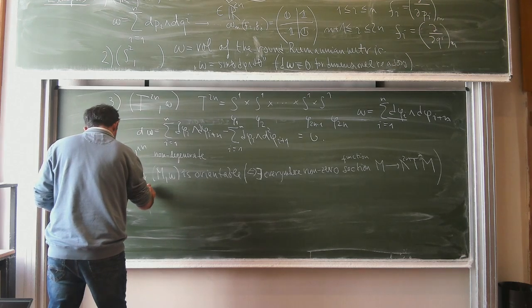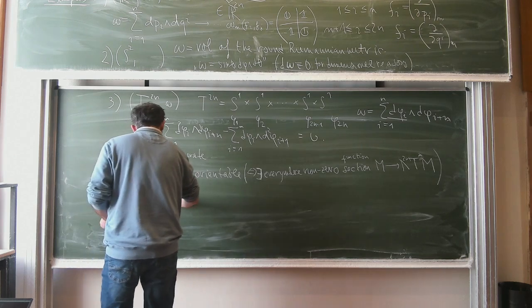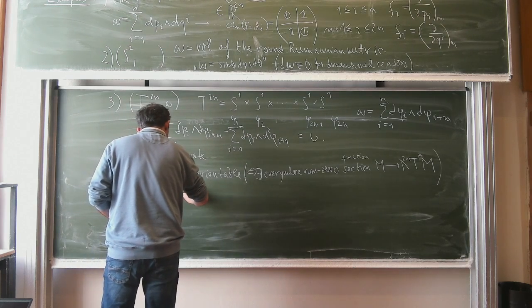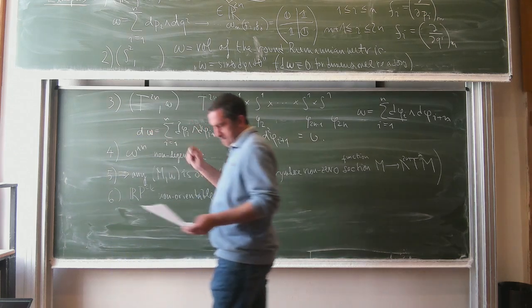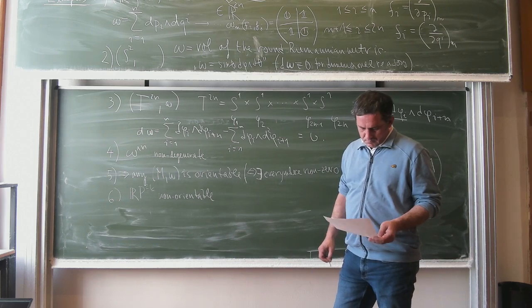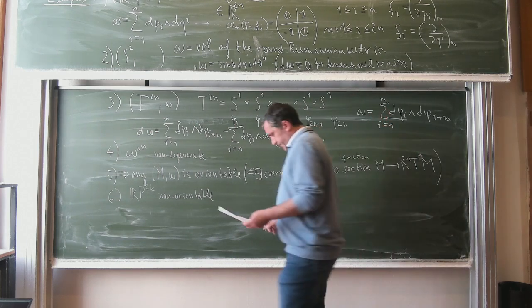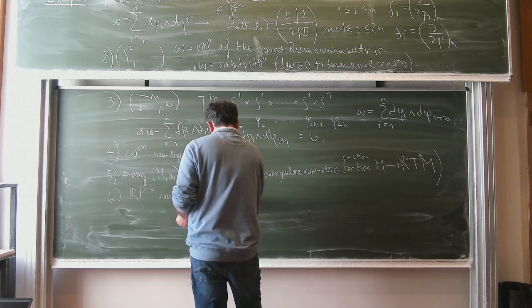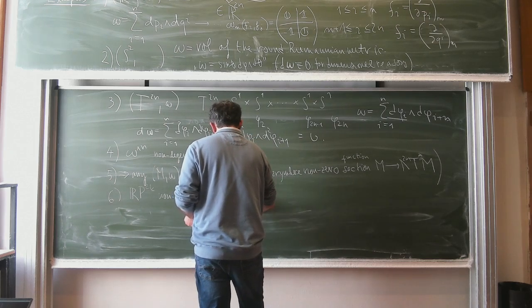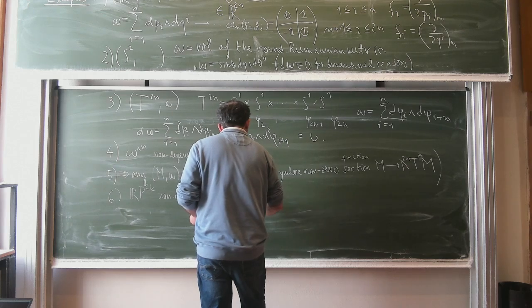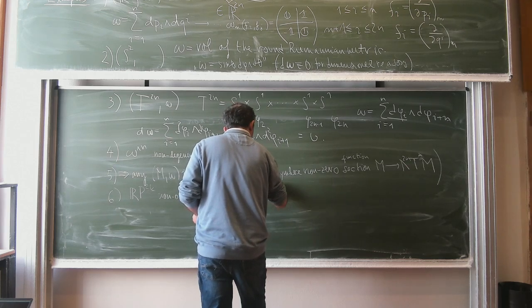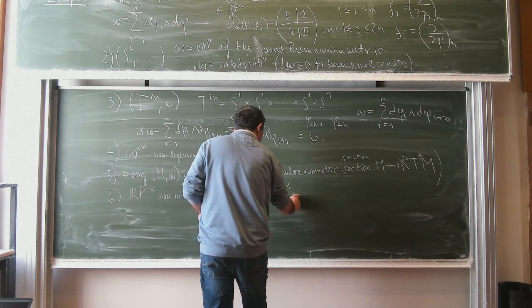Exceptional: RP^2k is non-orientable, and in general RP^(2k+1) are orientable.